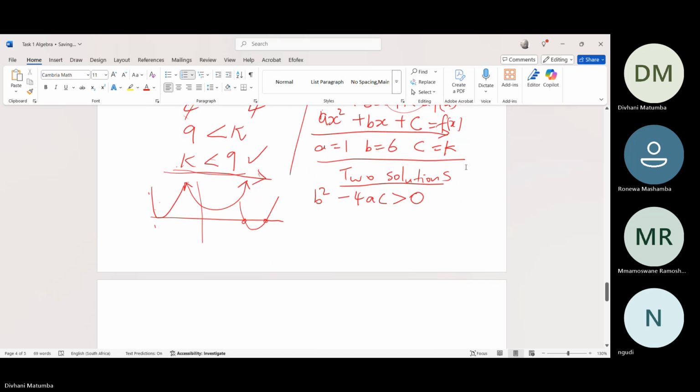Okay. In order for us to have 1 solution, the value of b squared minus 4ac must be exactly equal to 0.